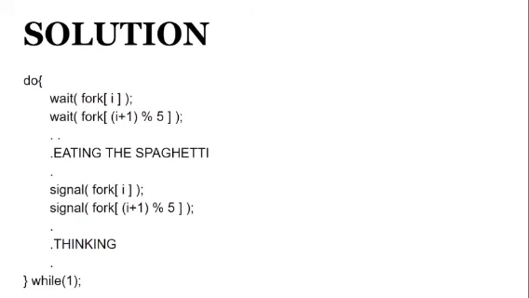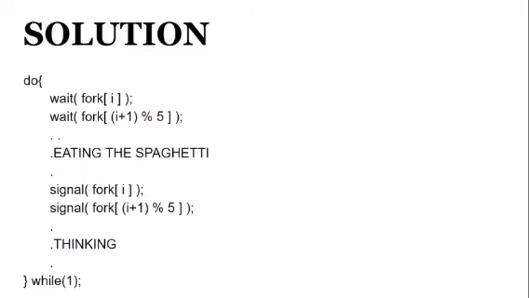Now, in the above structure, first a wait operation is performed on fork i, and then on fork (i plus 1) modulus 5. This means that philosopher i has picked up the forks on his sides.